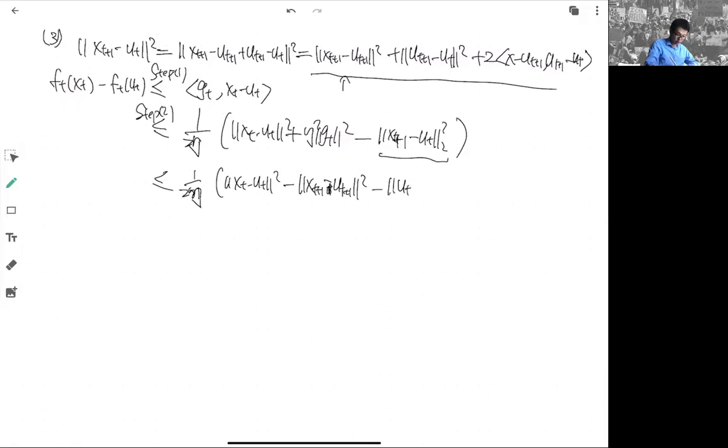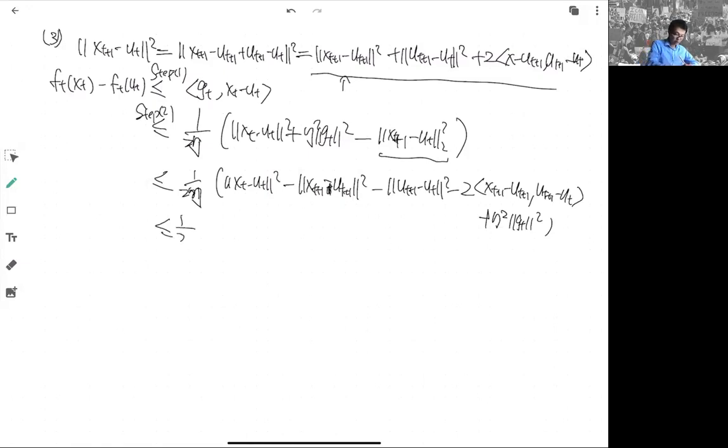Minus u_{t+1} minus u_t squared minus 2 times x_{t+1} minus u_{t+1} times u_{t+1} minus u_t. Right, and there's one last thing that we didn't write, which is eta g_t squared. Okay, now let's apply our assumption on the Lipschitzness of the functions, and then also apply Holder's inequality to this.